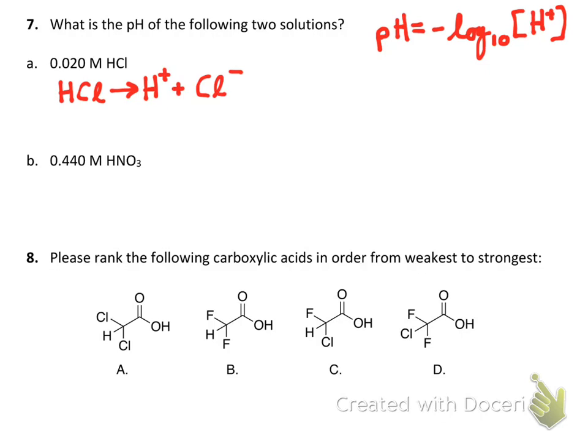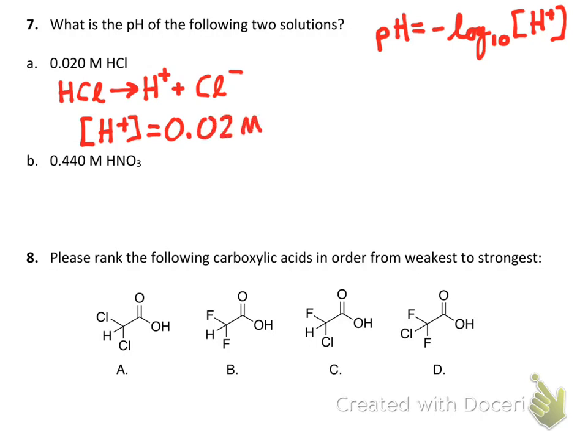This makes our lives easier because whatever the concentration of the strong acid is, be it HCl, HBr, HI, HNO3, HClO3, HClO4, all of them except for H2SO4, which we're not going to do because that one gets convoluted, that's also going to be the concentration of our H plus. So our H plus in the solution would be 0.02 molar.